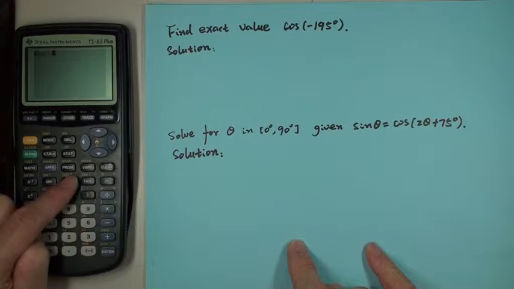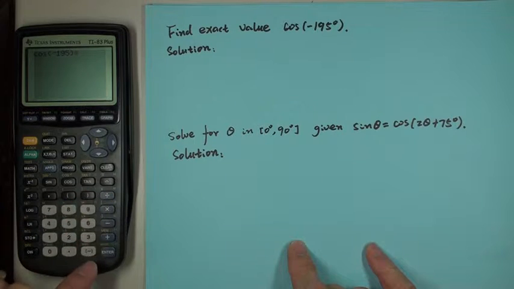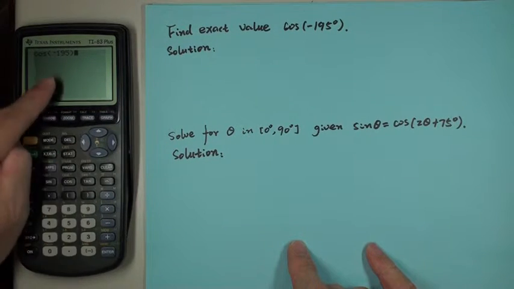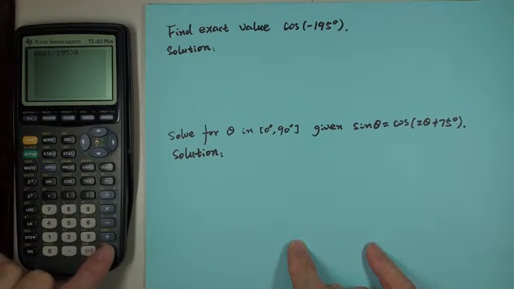If you do cosine negative 195 close parenthesis, you may input the degree there or you may not, it's going to be the same. You see, this is an approximate value, and it will not be accepted.